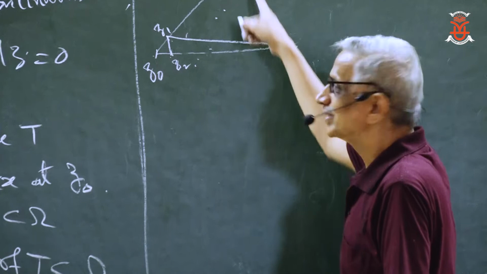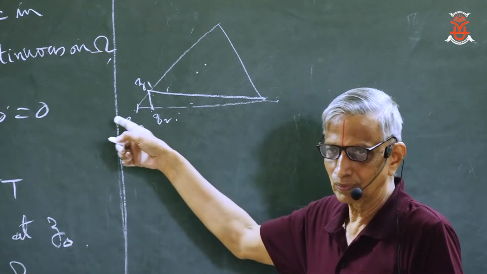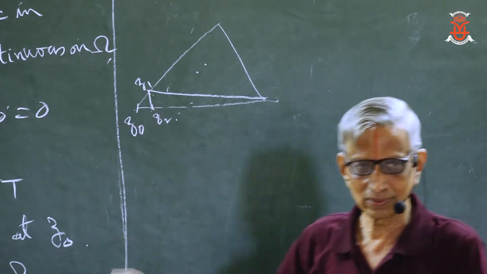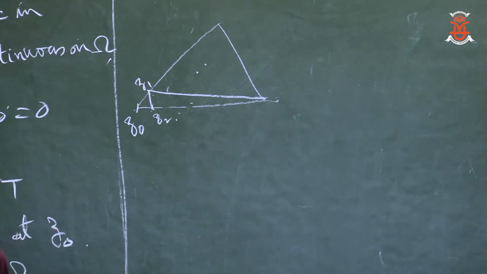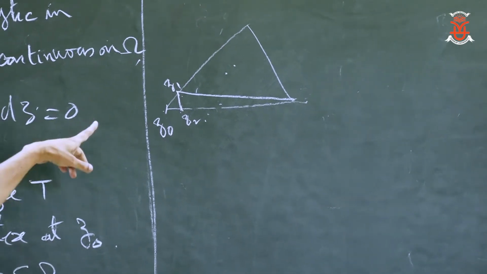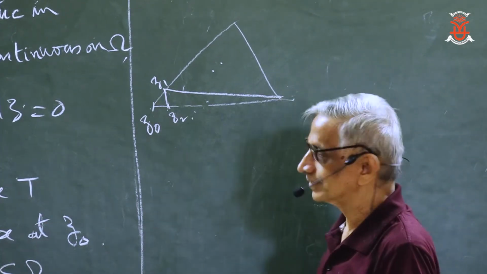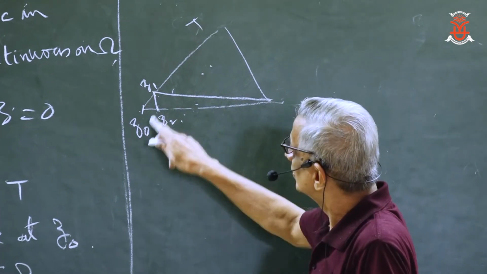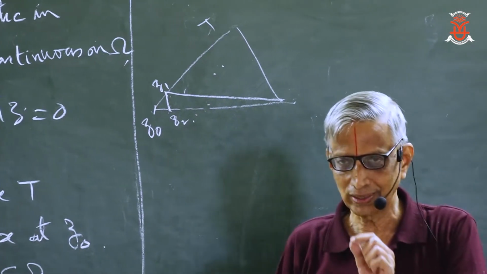So you write all these in words. I have drawn the picture. You write those things in words. So in other words, Z0 is already given to be a vertex of T. Let Z1, Z2 be the other two vertices. I'm sorry, no. We are taking Z1, Z2 to be this. So this T. So you take point Z1.